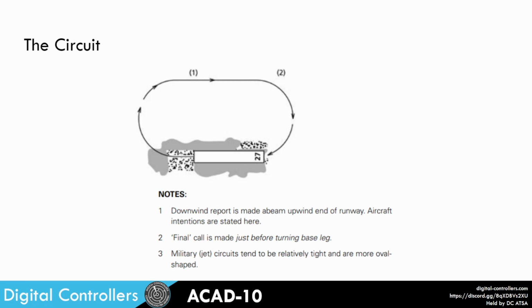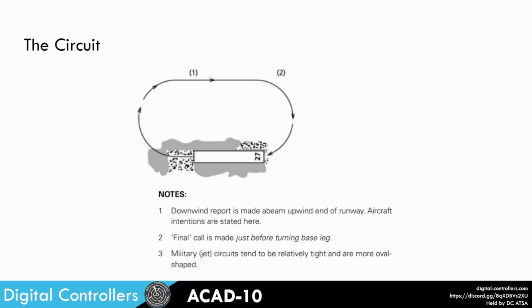at 2 specific points. So number 1 here is the downwind call, so they'll report maybe Hornet 1's downwind runway 27 touch and go, or if there's only the one pattern, they can call just downwind touch and go.